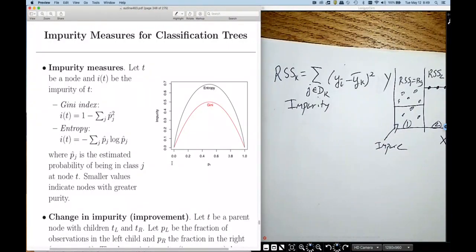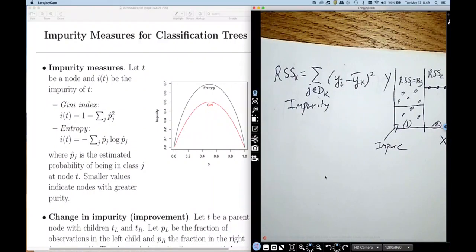There are actually a couple of ways that people have proposed to capture that impurity, and the two most common impurity functions, if you will, are the Gini index and the entropy. The idea would be something like this.